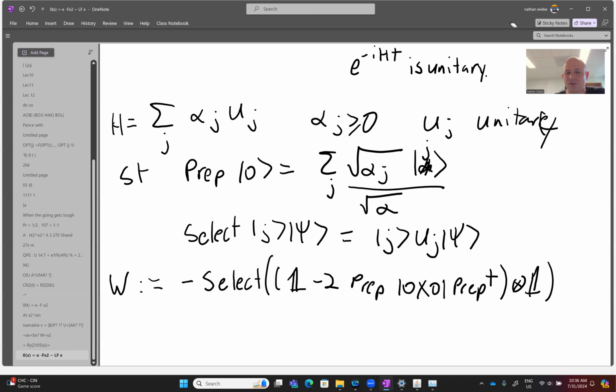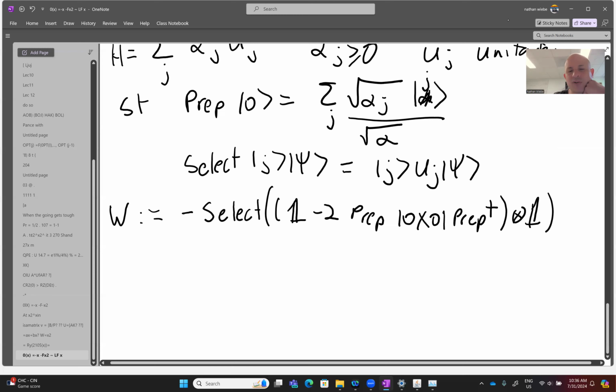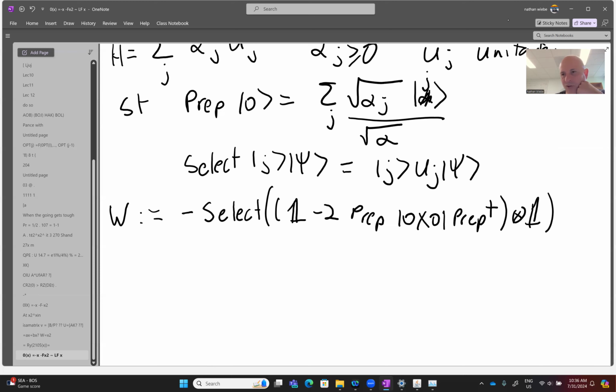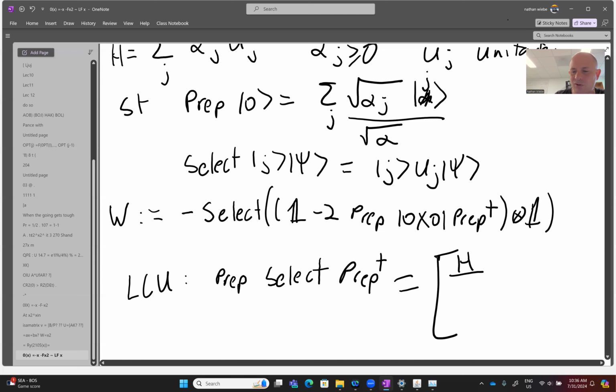High level, this is creating the following sort of setup. We have our select operation, but interspersed now with these reflections over here. And this actually will look really reminiscent of the LCU lemma, where LCU would end up saying that if we applied prep, select, prep dagger over here, then we'll construct a unitary that is of the form H over alpha, with question marks everywhere else.